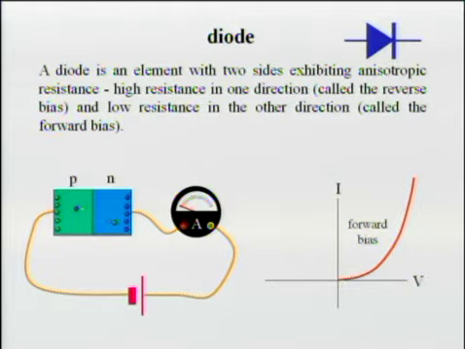They are referred to as minority charge carriers in the corresponding materials. So even if a diode is reverse biased, there is a tiny current flowing in that reverse direction. I can recognize over here that it is not exactly zero.